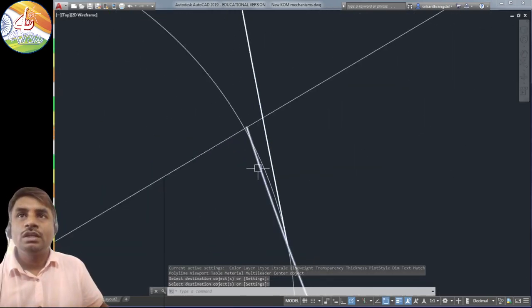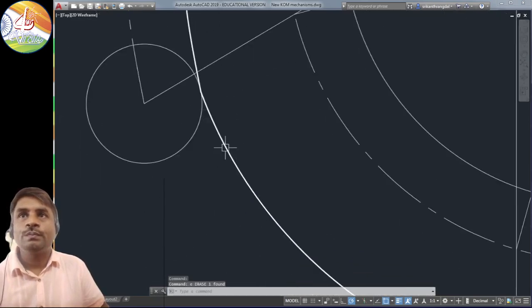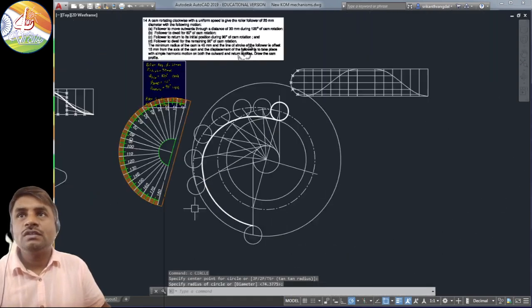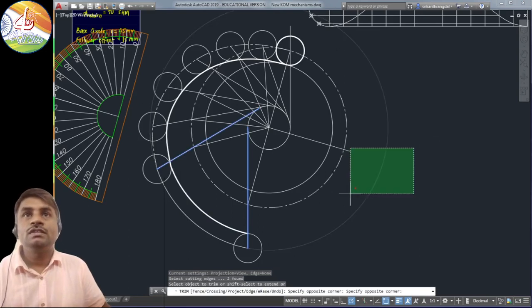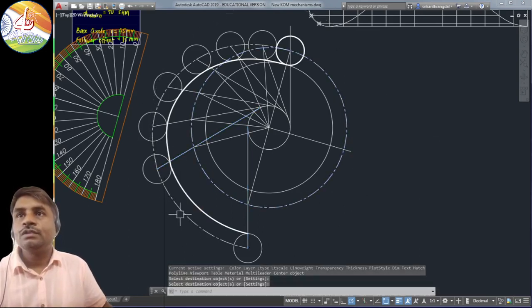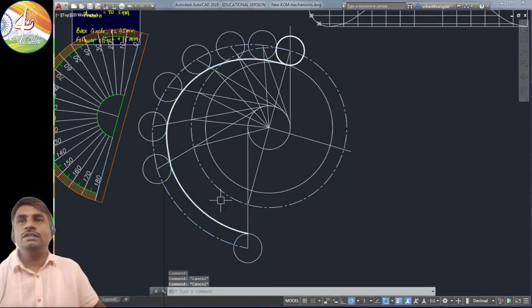Of course, this needs to go away too. And of course, the trace circle is going to pass through like this. The trace curve actually is going to be like this. So this one here is the trace curve, and what we get here, the dark one, is the cam profile.